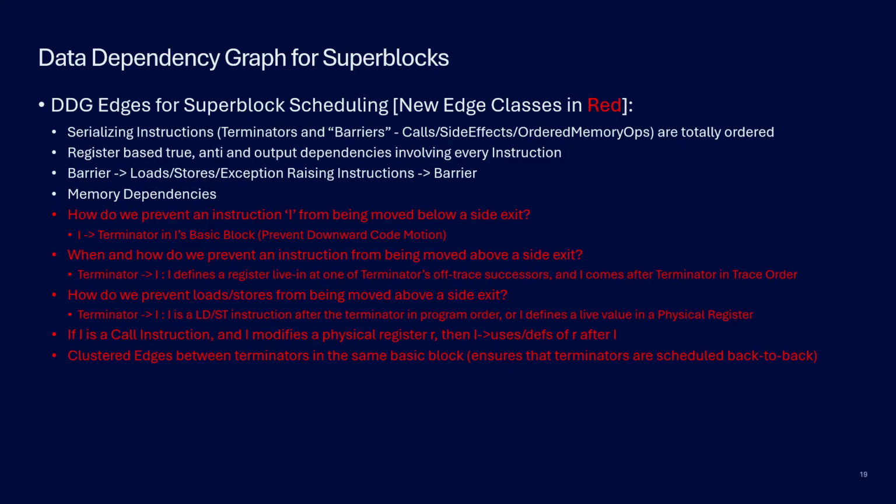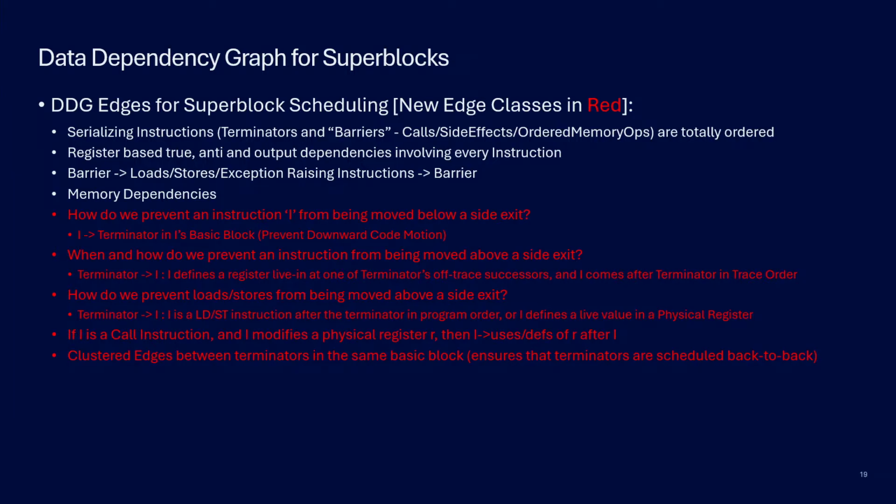One is before register allocation and one is after register allocation. The scheduler before register allocation is called the pre-RA scheduler, and the one after register allocation is called the post-RA scheduler.